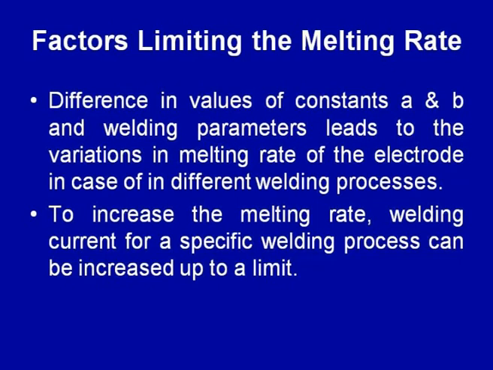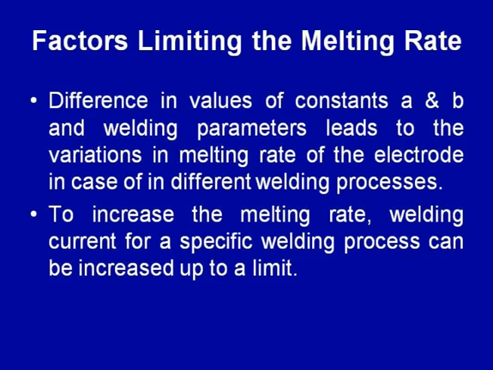Now, if we see this melting rate equation, the melting rate is given by A I plus B L I square. Whether a low welding current or a small diameter electrode or a large diameter electrode is used, in each case one factor is the one that significantly affects the melting rate.